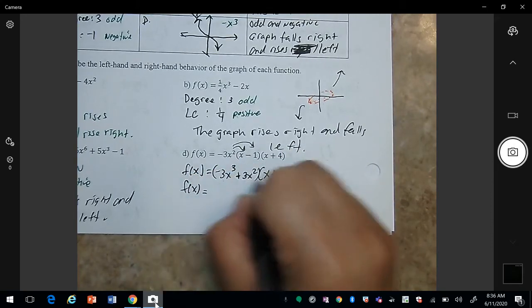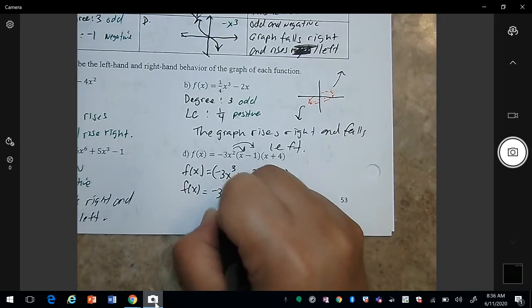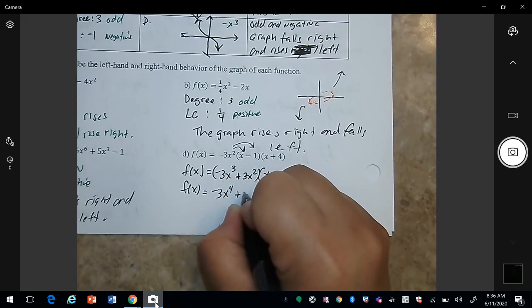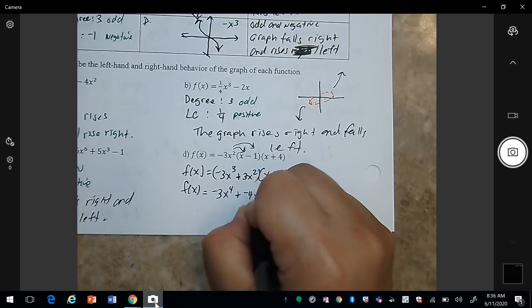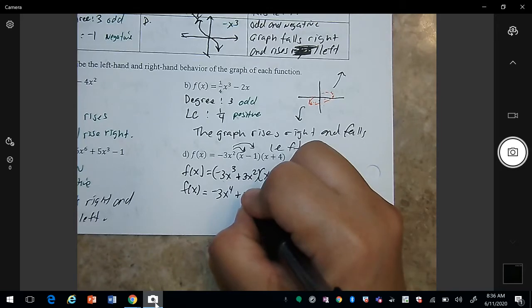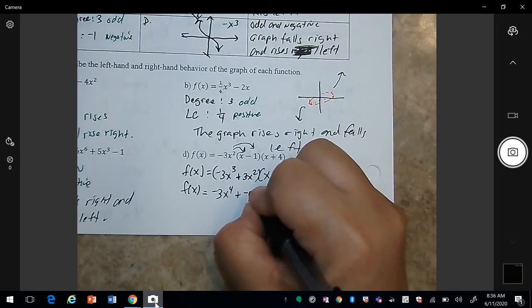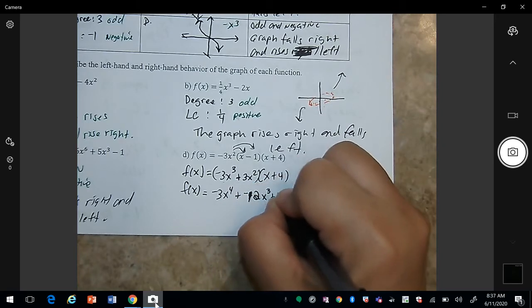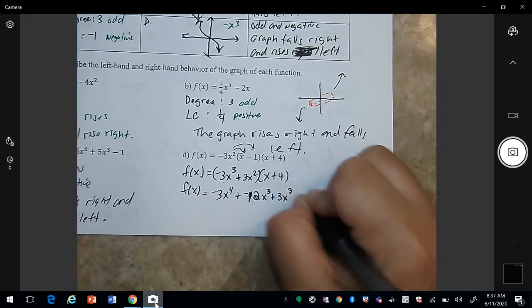So negative 3x cubed times x is negative 3x to the 4th. Negative 3x cubed times 4 is negative 12x cubed plus 3x squared, 3x cubed plus 12x squared.